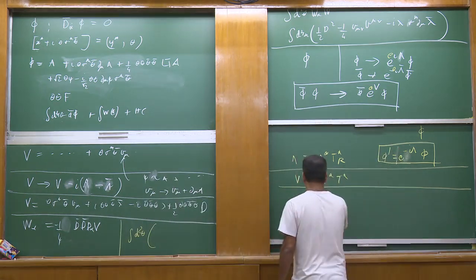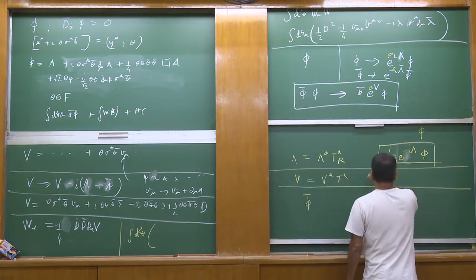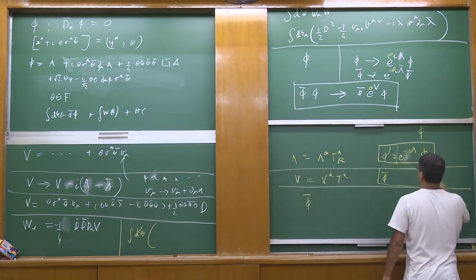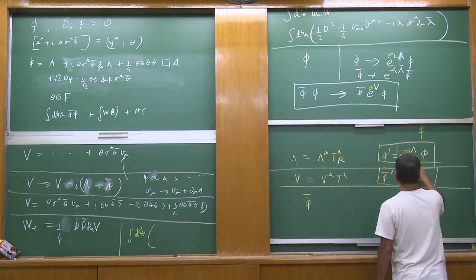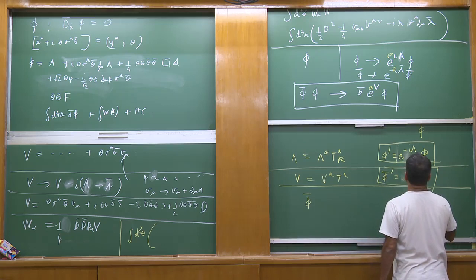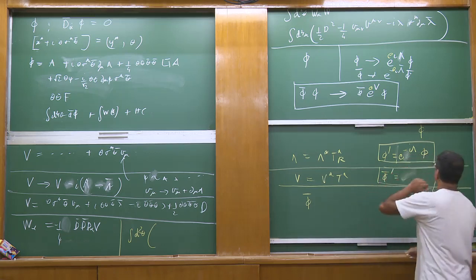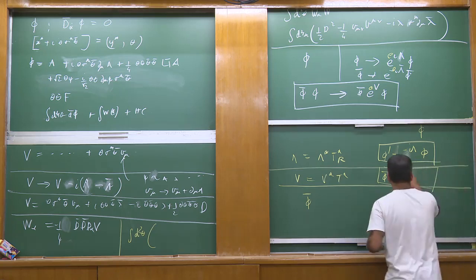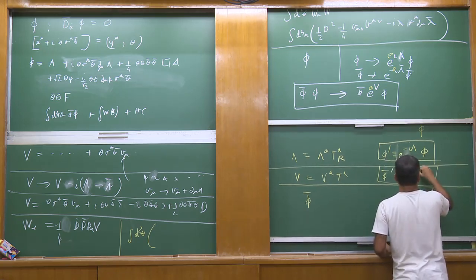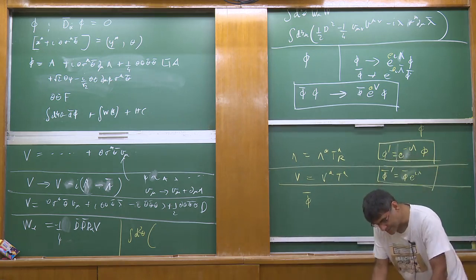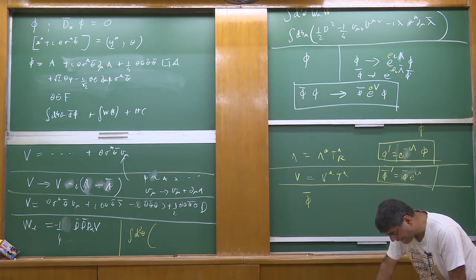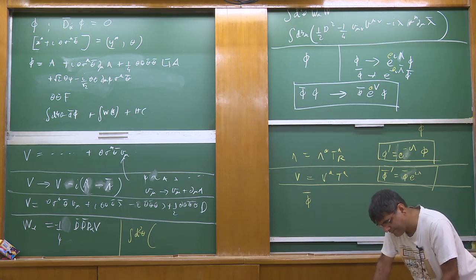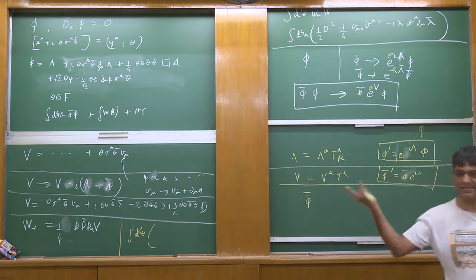We want an interaction term of the form phi bar phi. So phi bar prime will be phi bar times e to the power i lambda bar, for the usual reasons.